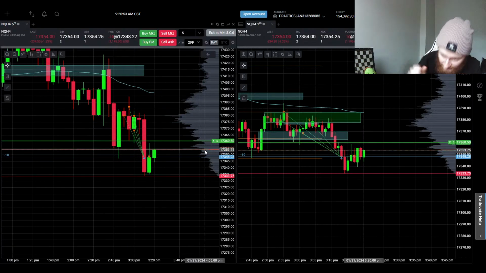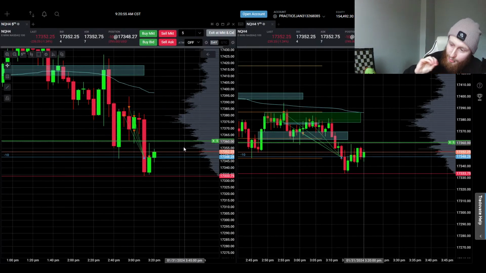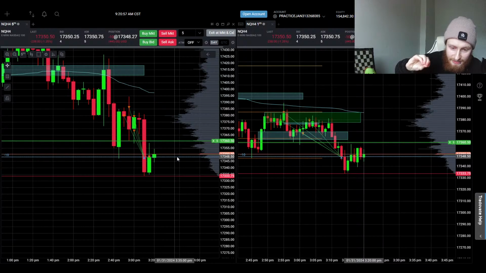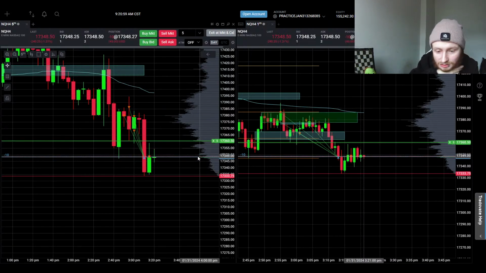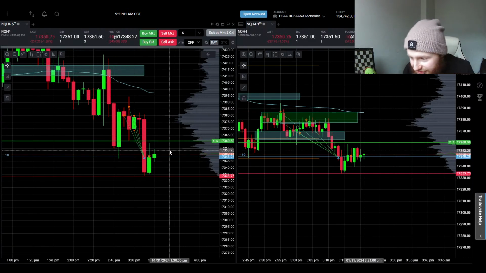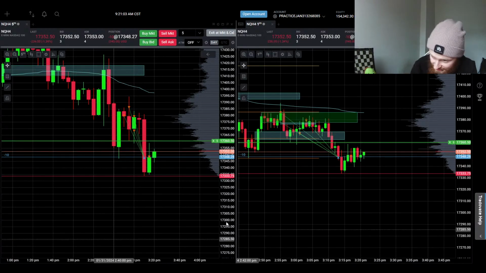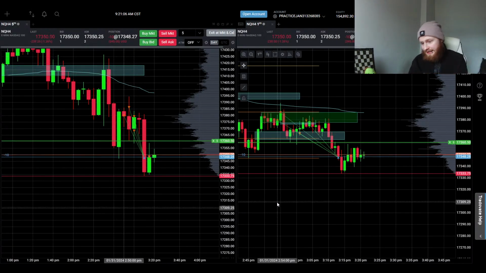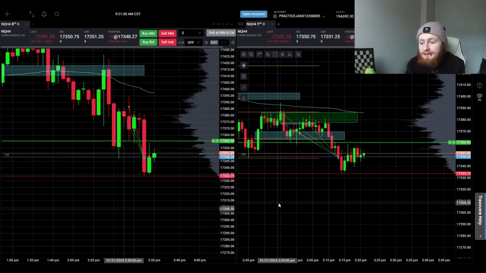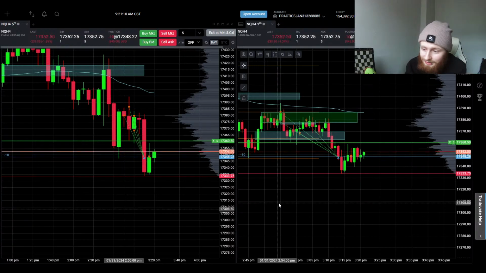We have the possibility of calling it perfect here. This could be good. We just need it not to fill this wick completely. If it fills this wick completely, that's sad times, but if it goes down from here, even better. We have double wick.